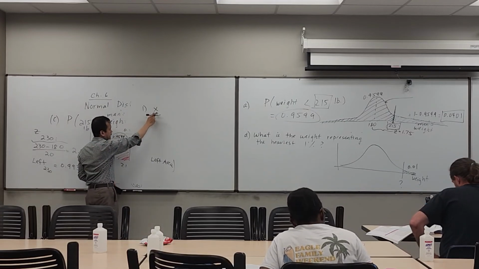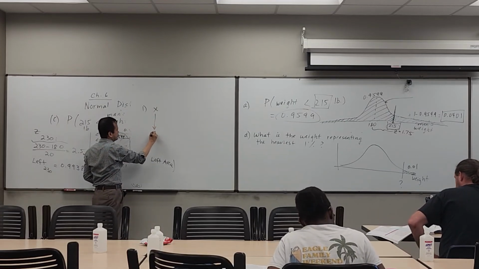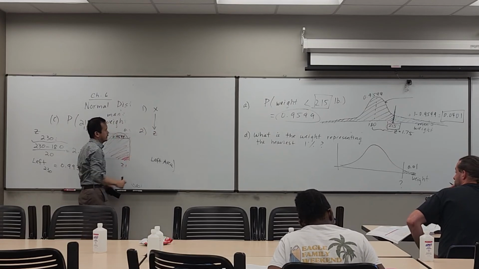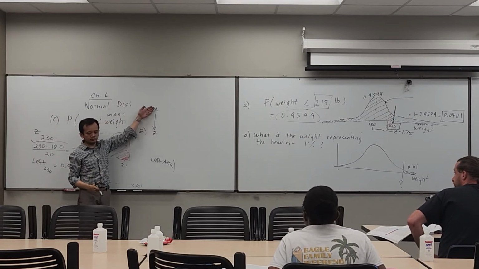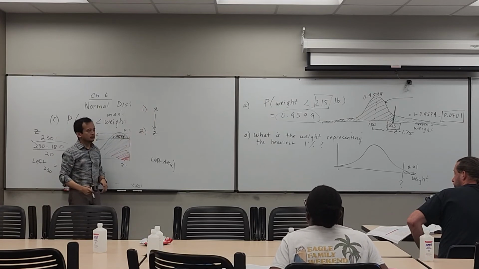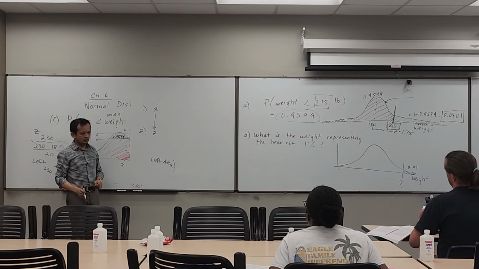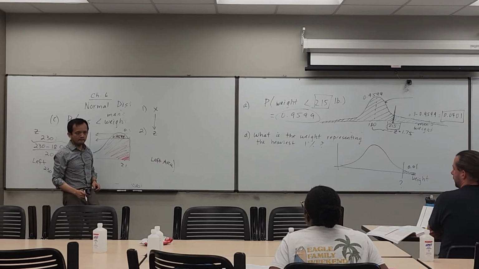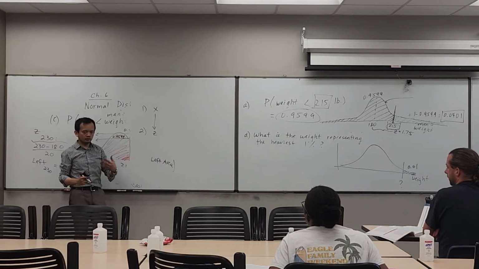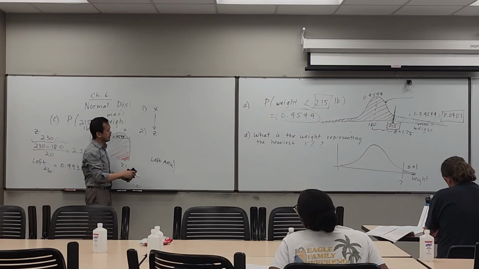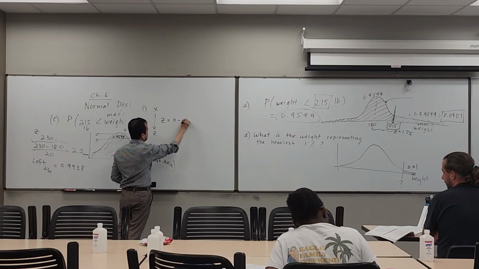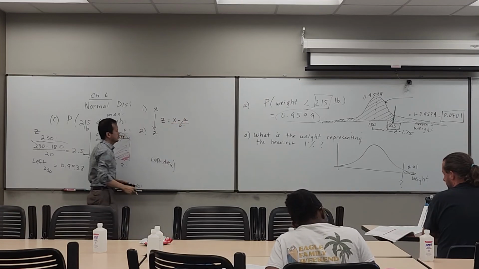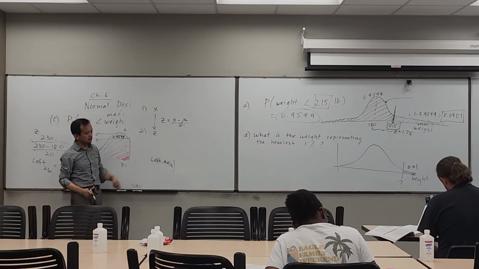That ended up being the second step. And how did we go from the data point to z-score? Data point minus mean over standard deviation, the definition of z-score. So that's how we went from x to z.